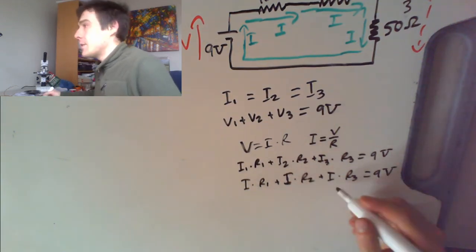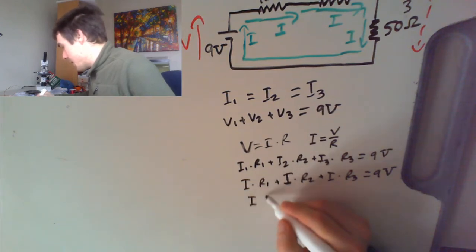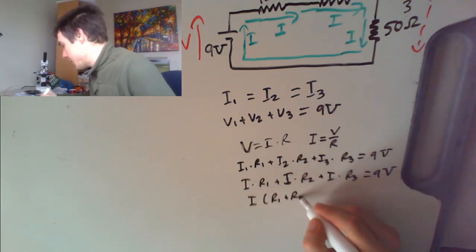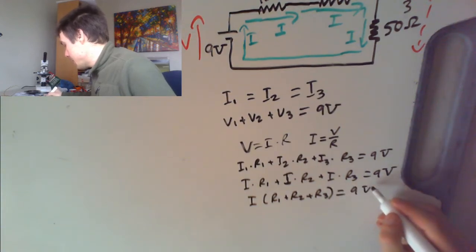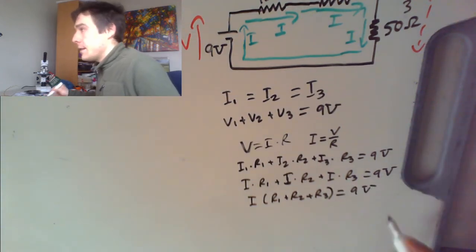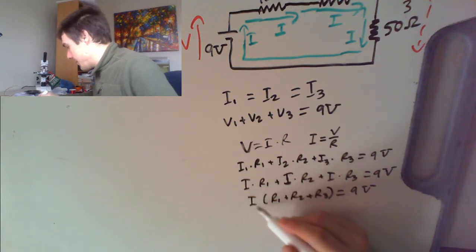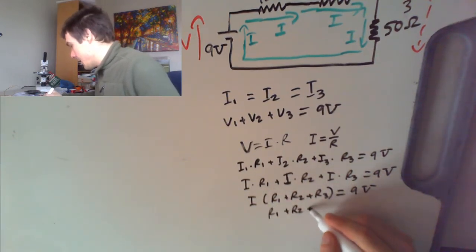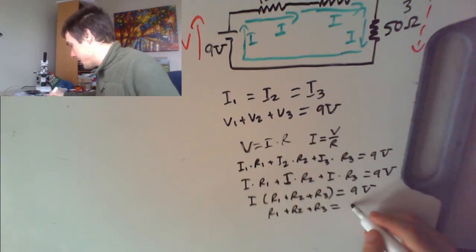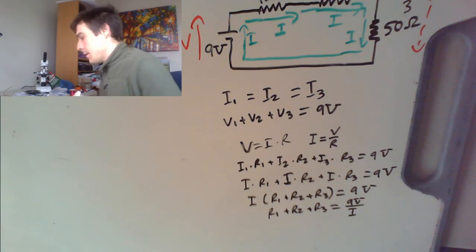If we collect our terms, I times (R1 plus R2 plus R3) is equal to 9 volts. We can rearrange and get rid of the I: R1 plus R2 plus R3 is equal to 9 volts over I.